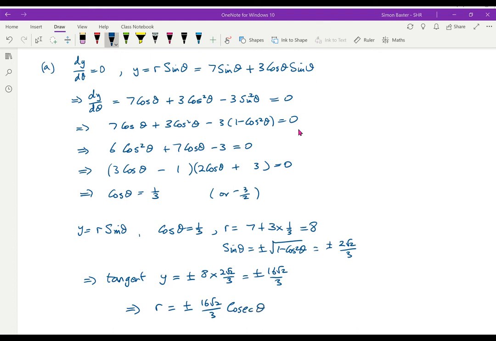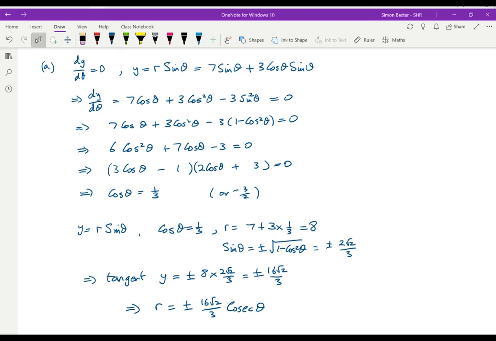Notice we were asked for an exact equation. We mustn't just press the buttons on the calculator. We must show where the sine theta value has come from. 1 minus 1 over 9, 8 over 9. Okay, so there's the tangents which are parallel to the initial line.